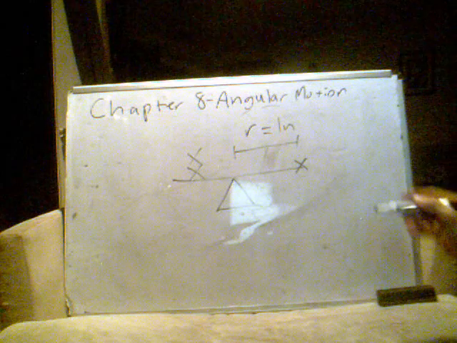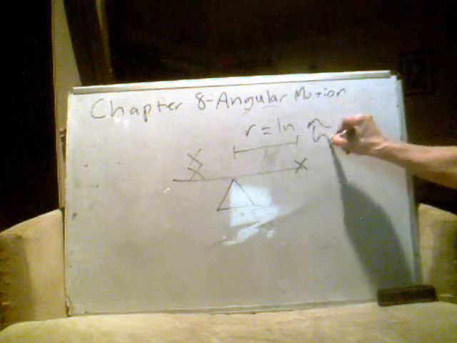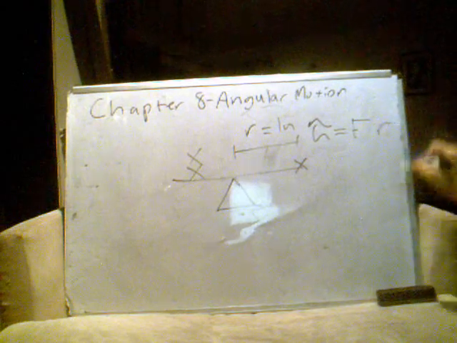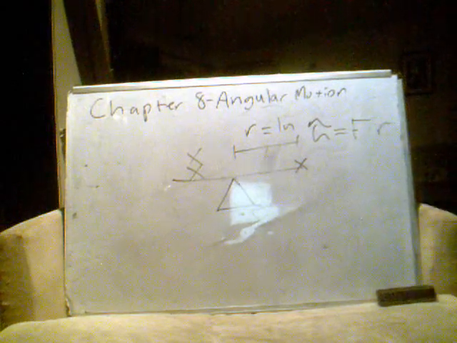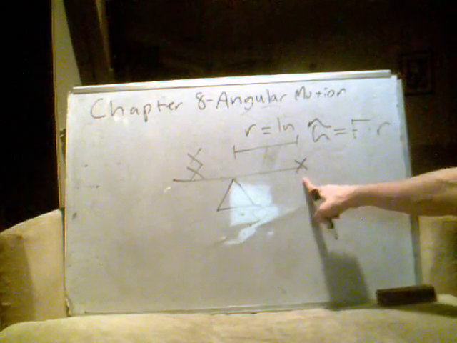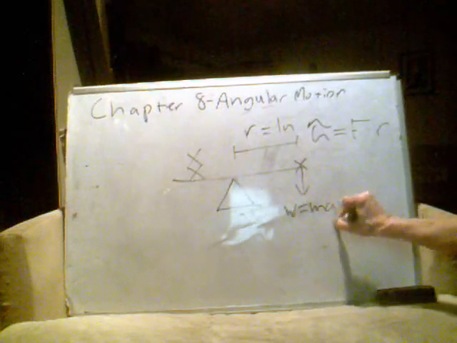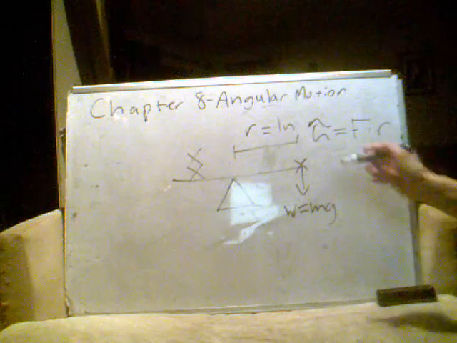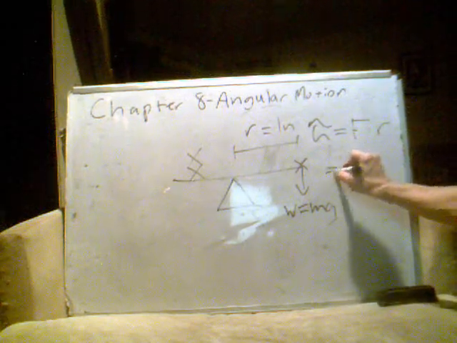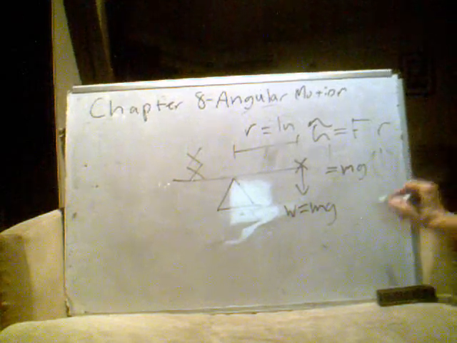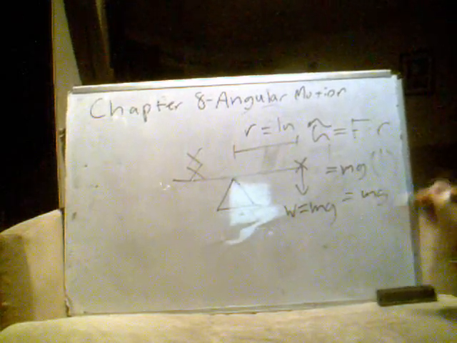Well, we said that torque is force times lever arm, right? What force is being applied here? Well, obviously we're talking about the weight of the kid, that's mass times gravity, right? Okay, so the torque on this side is going to be mg times 1 meter. So obviously that's just mg, right?